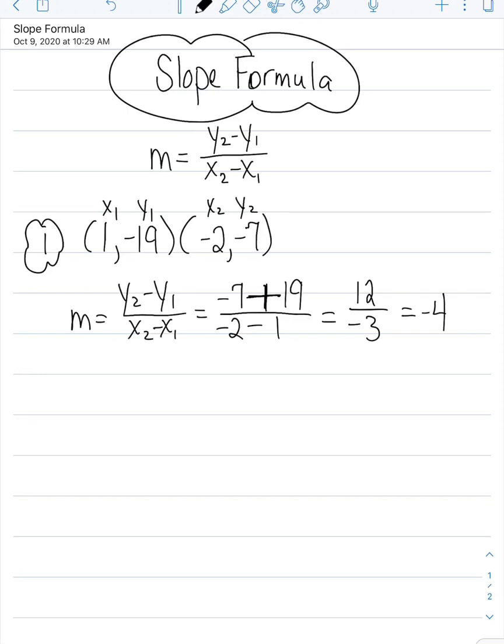So I used the slope formula to find the slope of the line that passes through those 2 points, which is negative 4. We can also tell from our last lesson, because this is negative, this will be a decreasing line. So that's how we can use our slope formula to find the slope and describe the line.